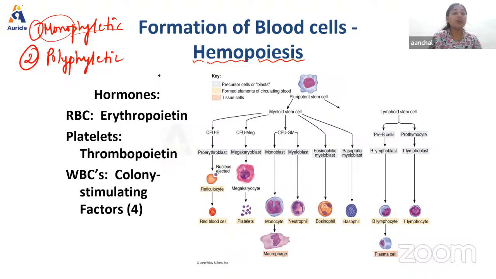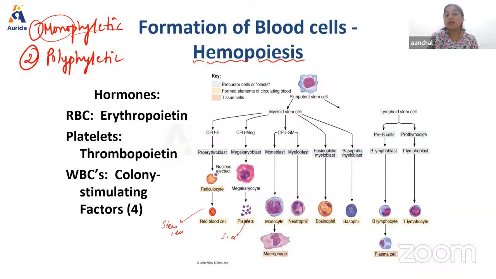Now, what about the polyphyletic theory? This theory states that separate stem cells are present in the bone marrow for each variety of blood cells. Okay, it means that for RBC, a different stem cell is there in the bone marrow. For platelets, a different stem cell is there.